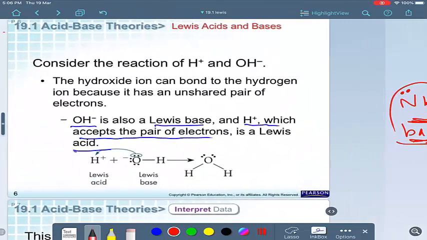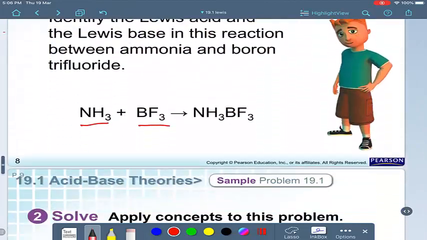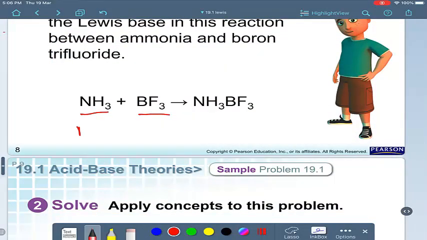The same now for Lewis. No change here, because we have NH3. It's a base as well, but not because it accepts hydrogen. No, but because of the meaning of Lewis, ammonia, as I said, has a lone pair of electrons like this.